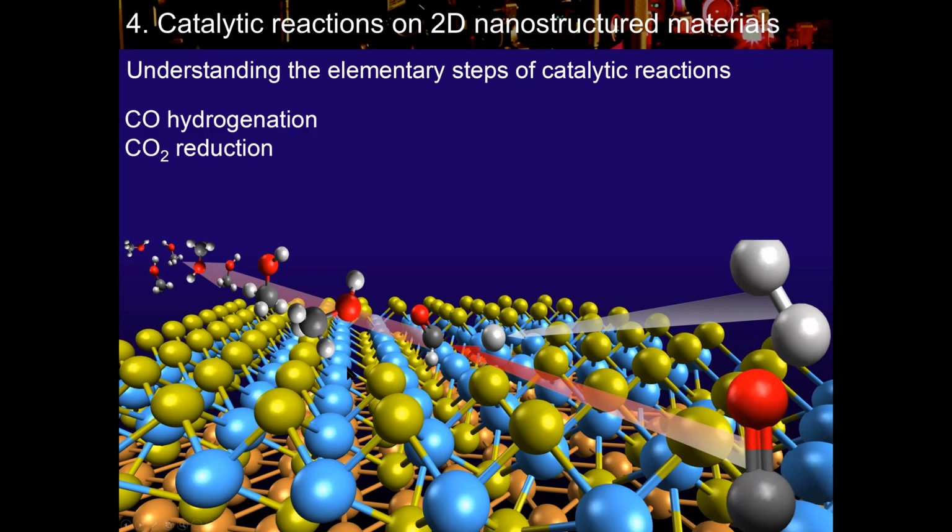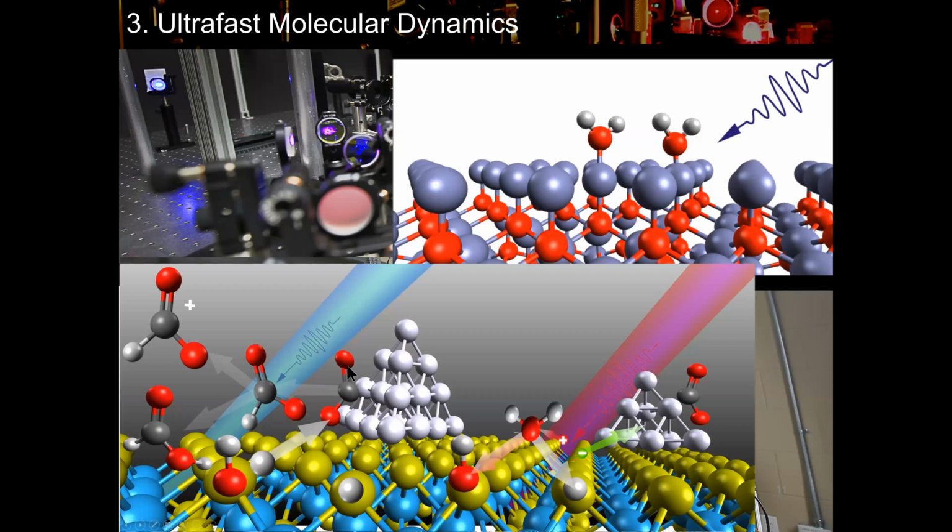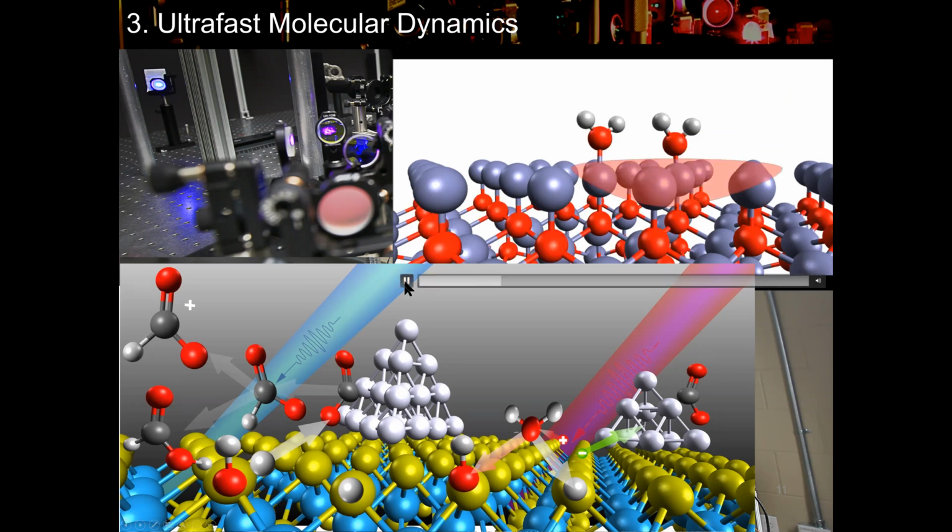And the last, and probably the most important type of investigations that we do in our laboratory are those in which we are looking at the motion of atoms and molecules during surface chemical reactions. So basically what we do, we dose water and other molecules on the surface, then using not sunlight, but laser pulses that can mimic the sunlight, we excite the photocatalyst, and then charges will migrate from the photocatalyst to the molecules.